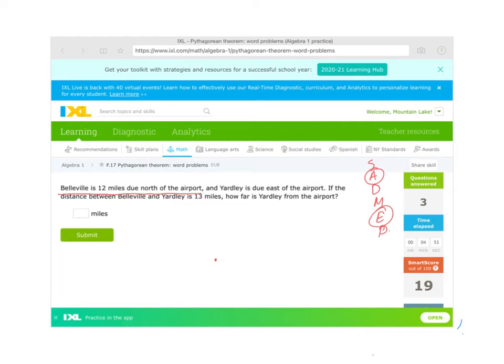So if the airport is over here, Belleville is right here, 12 miles. And Yardley is due east of the airport, so that's over here. Let me move this side. 12 miles. And Yardley is 13 miles.